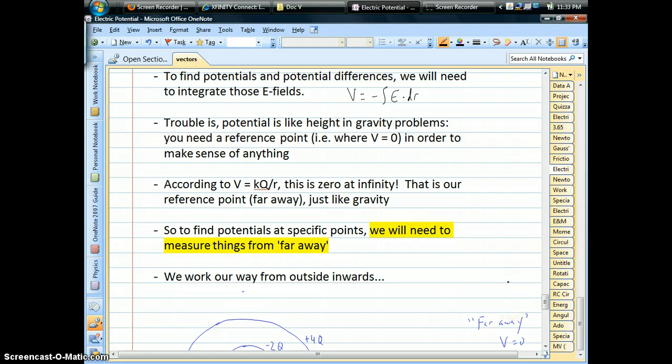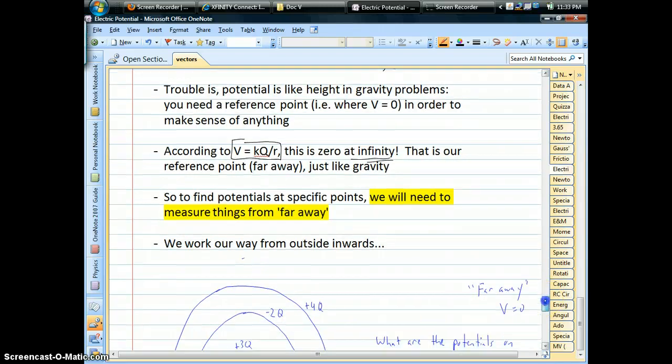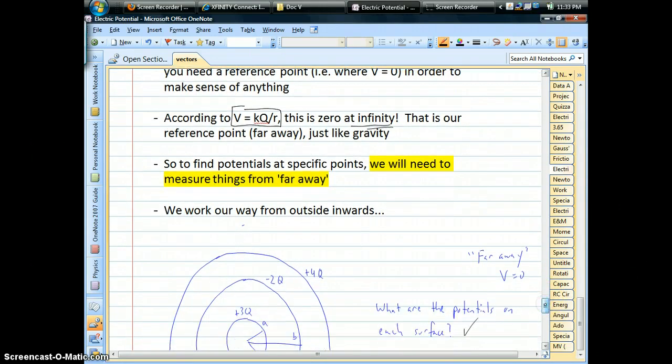Well, it turns out if you're doing shells, spherical shells or point charges, we know generically that voltage is kq over r. And according to that expression, where is it 0? Well, it's 0 when r is at infinity, when it's far away. That's that term that we have for gravity that we see every so often.